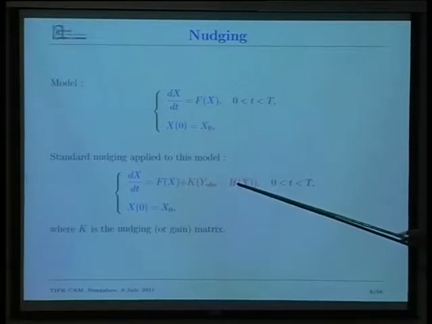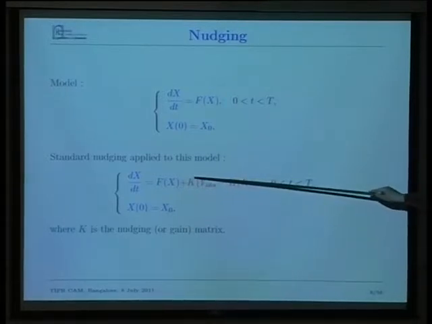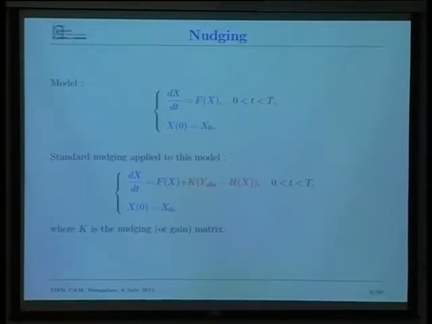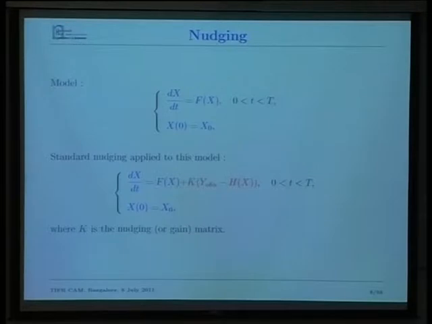You apply the observation operator so that you can compare H of x with the observations. And this term you multiply by a gain matrix, or a nudging matrix, or it can be the Kalman matrix also in Kalman filters.